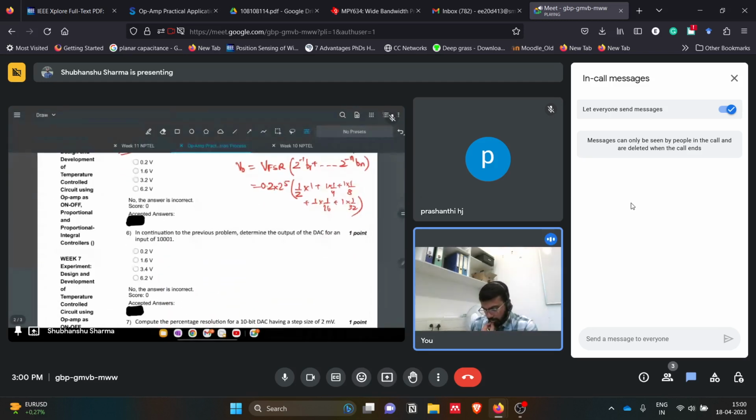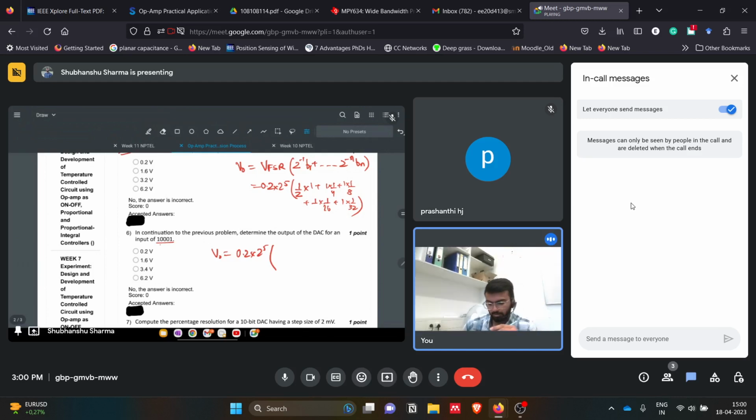Now the next question. In continuation to the previous problem, determine the output of the DAC for an input of 10001. Now we have to use the same problem, and it is easy, I think. We have the VFSR value, that is 0.2 into 2 to the power 5, and we have one at the MSB and one at the LSB.